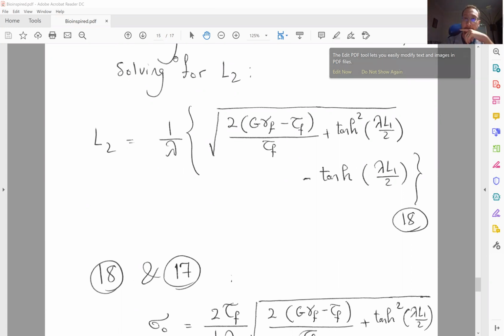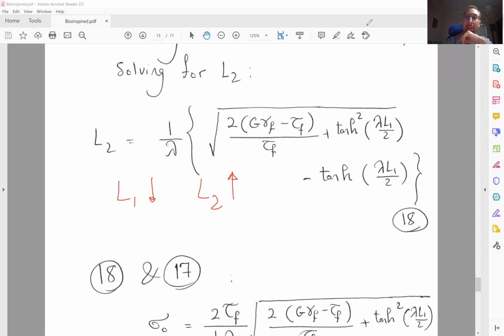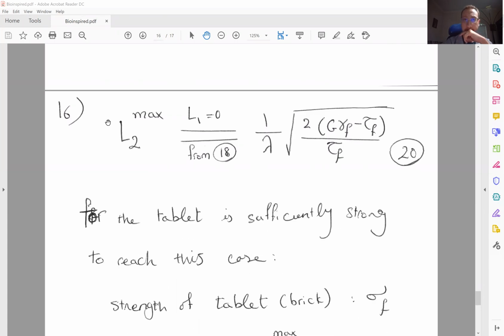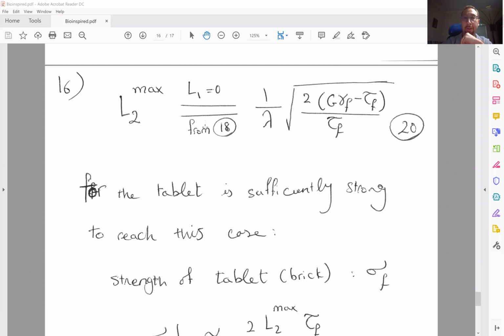As you can see from this equation, when I increase the load in the material, L1 will keep going down and L2 will keep going up. The length of the plastic region keeps growing and growing. So I can calculate from equation 18 a limit for the length of the plastic region. I am going to stop this video here and continue in the next video.